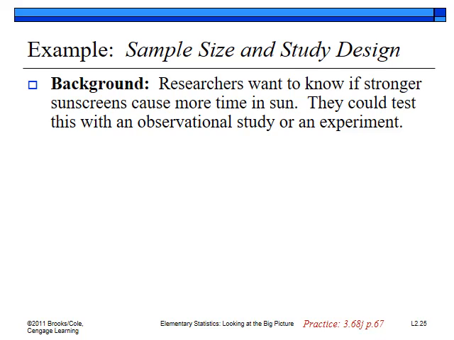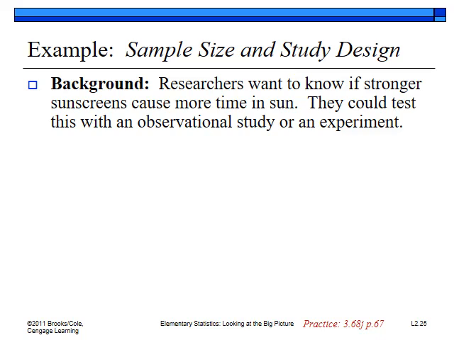Researchers want to know if stronger sunscreens cause people to spend more time in the sun. They could test this with an observational study or an experiment. Before we get into the details of how the sample size affects things, let's talk a little bit about what the observational study would look like and what the experiment would look like. If this were being done as an experiment, the researchers would give people different strengths of sunscreen and ask them to use them every day.